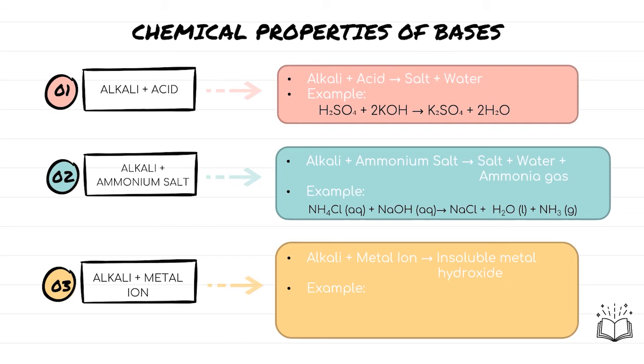In this example, when sodium hydroxide, an alkali, reacts with magnesium ion, it gives magnesium hydroxide, which is an insoluble metal hydroxide. Magnesium hydroxide here is a white precipitate and thus not soluble in water.